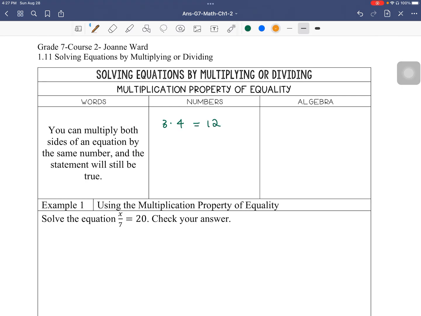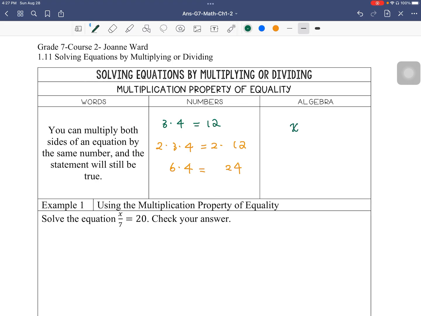So 2 times 3 times 4 equals 2 times 12. And then 6 times 4 equals 24. So this is the multiplication property of equality.